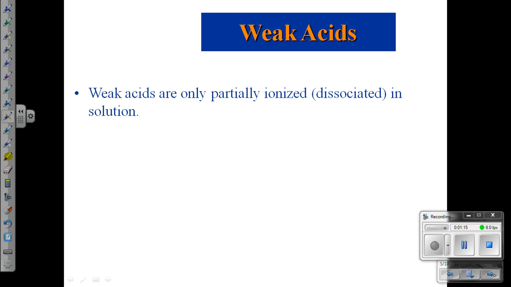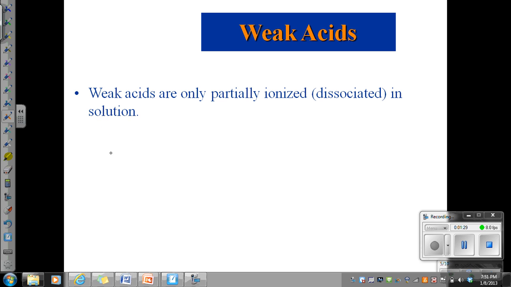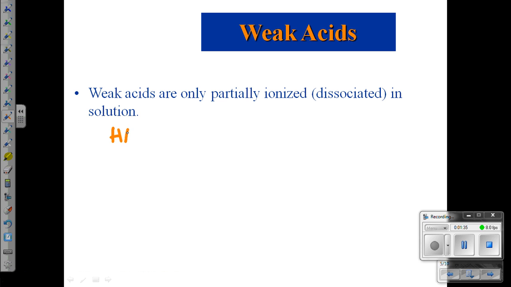So the first thing we want to look at is weak acids. And you know, because we talked about this an awful lot last semester, that weak acids are only partially ionized or dissociated in solution. So if I have a weak acid, let's say HA, where the A is just standing for acid or anion, we can write it two ways.